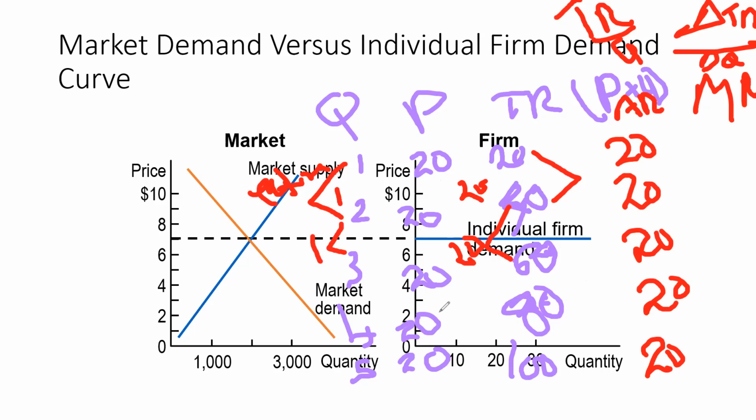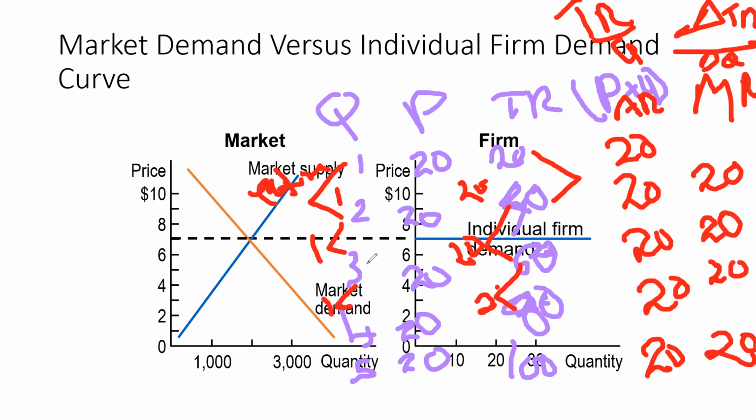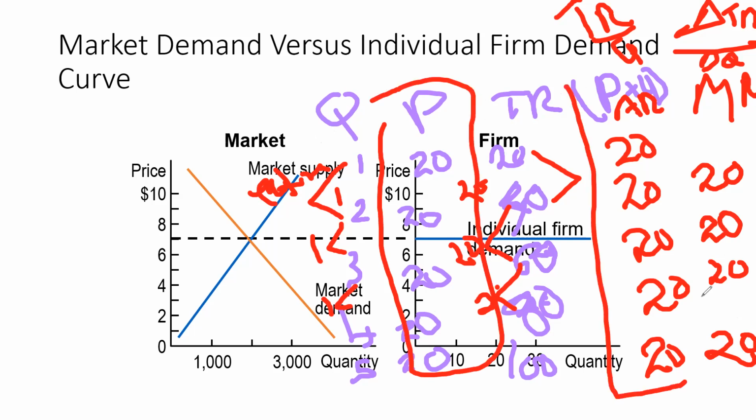So if we calculate the marginal revenue, it is exactly 20. By looking at this table we can conclude: the price equals 20, the AR also equals 20, and the marginal revenue also equals 20.